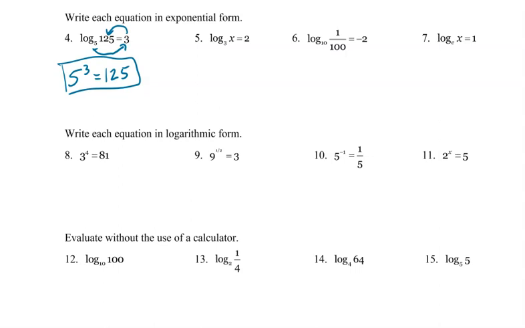So log base 3 of x equals 2. So again, start with the base. Base is 3. It's going to be squared because that's what's on the other side. Then equals whatever's inside, so that's x.